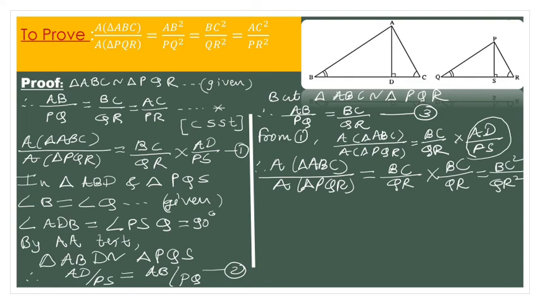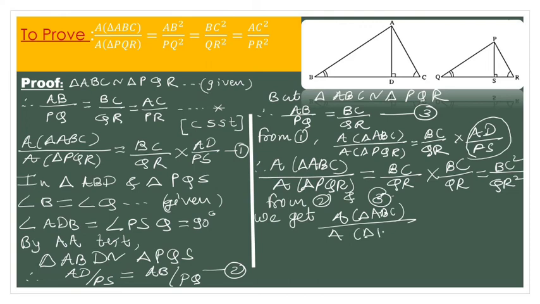Okay, so now if you observe again from equation 2 and 3, what can we write? From 2 and 3 we get area of triangle ABC upon area of triangle PQR is equal to AB square upon PQ square.